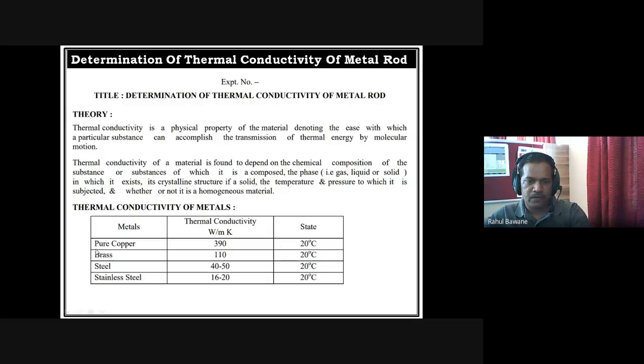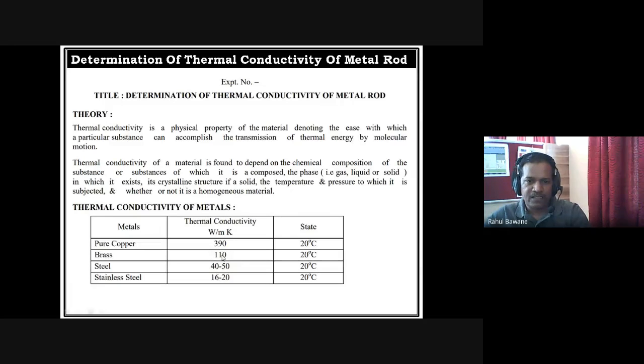So if I go for pure copper, it is 390 watt per meter Kelvin at 20 degrees centigrade. If I heat this copper to 40 degrees centigrade, the thermal conductivity will be lesser than this 390.